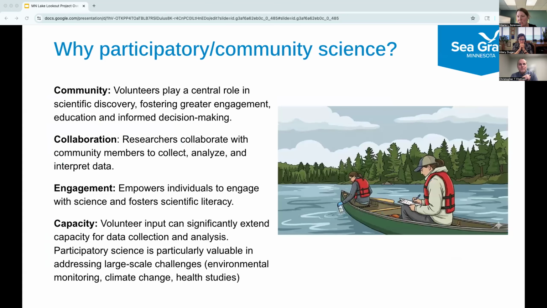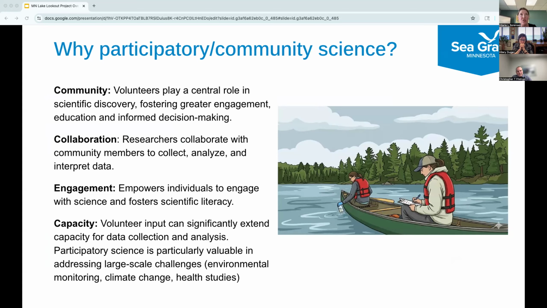So what is participatory or community science? There are several names that this goes by. Citizen science was used for a long time. Now folks use participatory science or community science more often. And there are multiple benefits to this. One, volunteers really play a central role in scientific discovery, in fostering greater engagement between people and their environment.